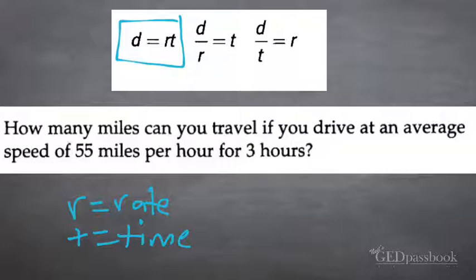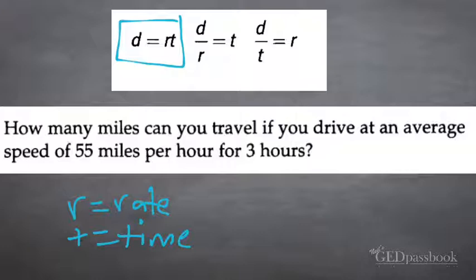So what is everything? Well, the distance is what we're usually going to be looking for, right? The rate is more along the lines of the speed of whatever it is that you're traveling at, and the time is obviously the time.